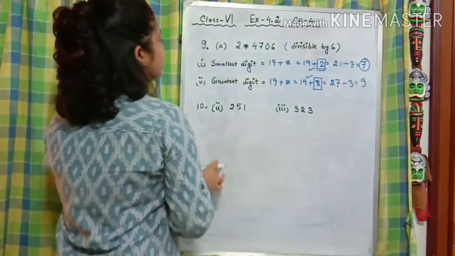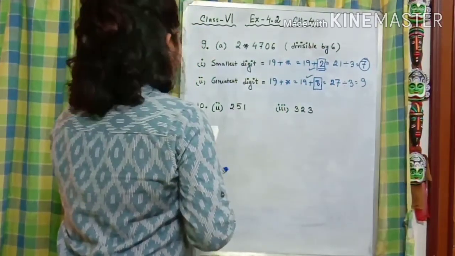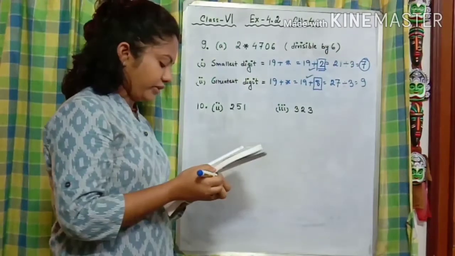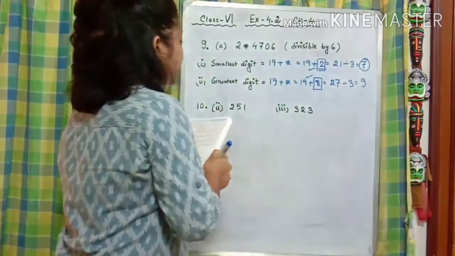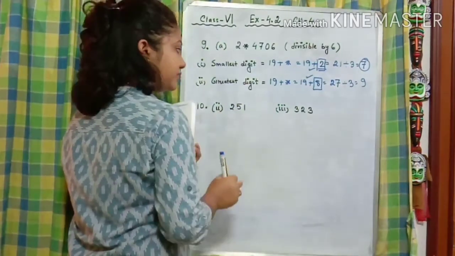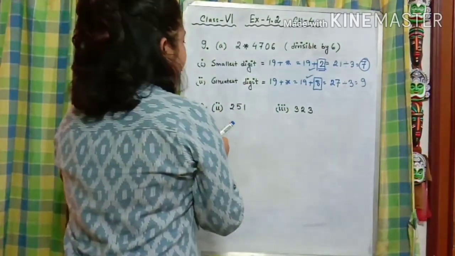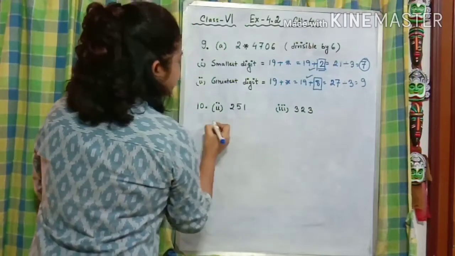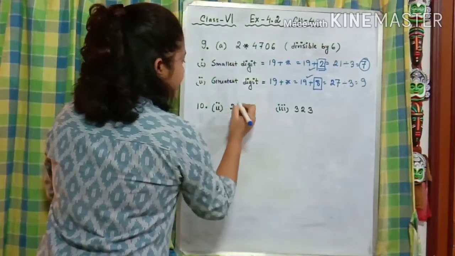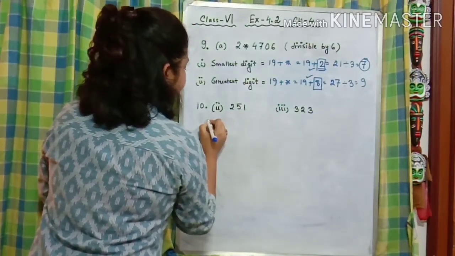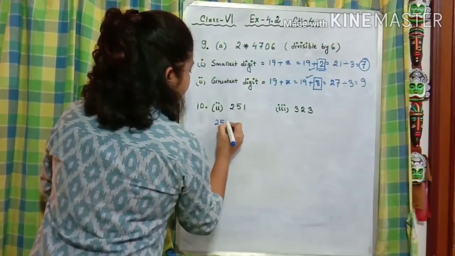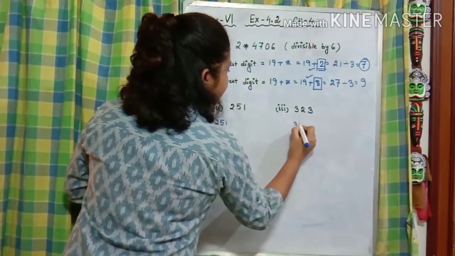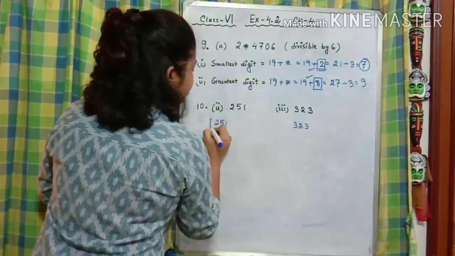Now coming to sum number 10. Here we have to find the numbers which are prime. I have taken 2 numbers. First we see whether these 2 numbers have any factors or not.